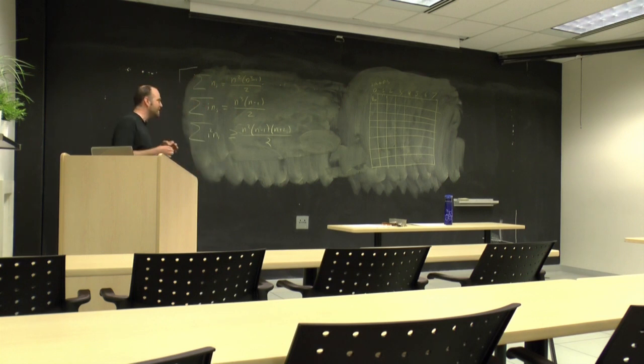And now I have a way of determining how good my solutions are. They're as good as I come close to meeting this bound. So that's going to be my measure. What's the sum of i squared and i?